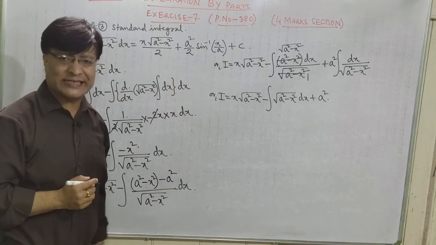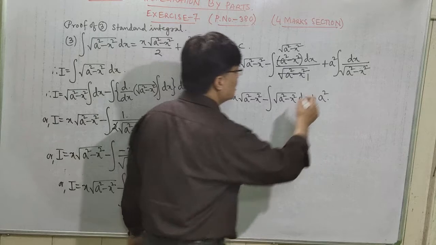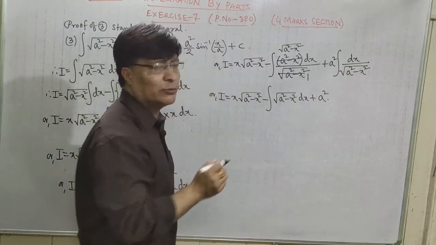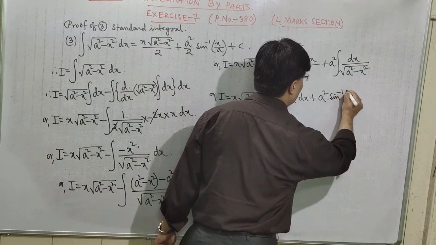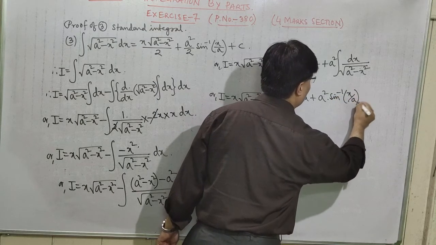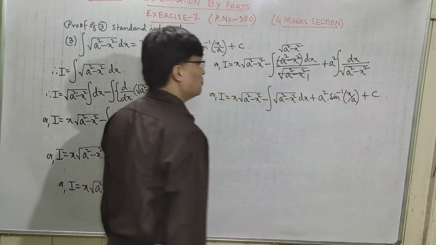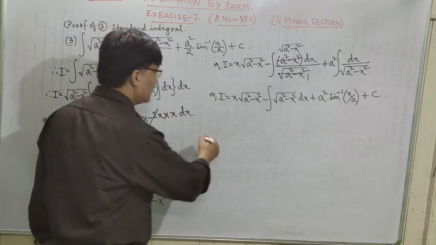That is your sixth standard integral. So what is the integral of dx divided by root over a square minus x square? It is sine inverse x upon a, then you have to write plus c.